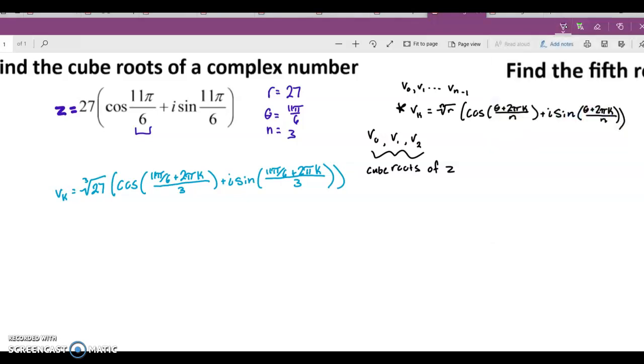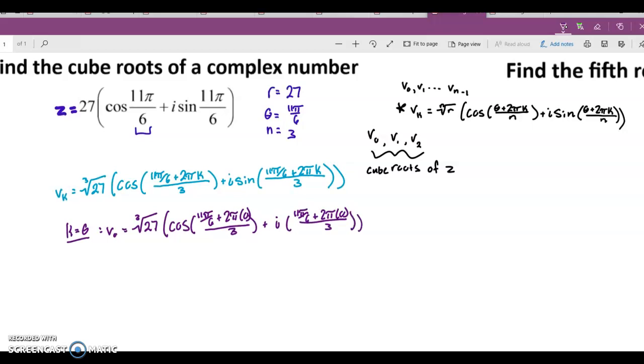So when k is equal to 0 as your starting one, v sub 0 is equal to the cube root of 27 times cosine of 11 pi over 6 plus 2 pi times 0 over 3 plus i times sine of 11 pi over 6 plus 2 pi times 0 over 3. Now, the cube root of 27 is equal to 3.